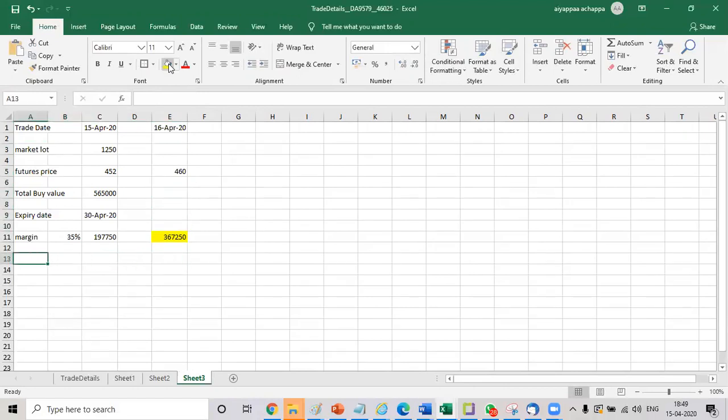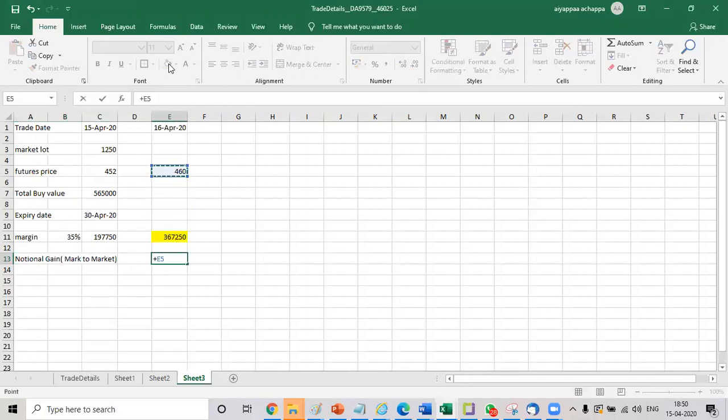Now there is a notional gain, not realized, which we popularly call mark to market. So you have a notional gain of 8 rupees because you made a deal to buy at 452. You can sell immediately in the market to someone. You can transfer your obligation to buy the share at 452 to someone at a higher rate, at 460.